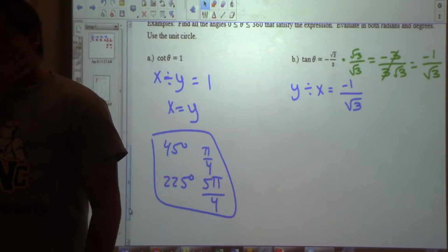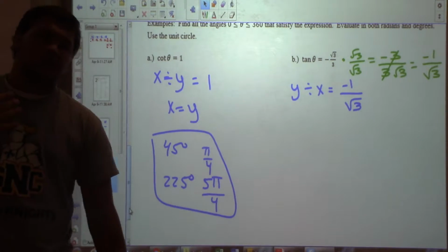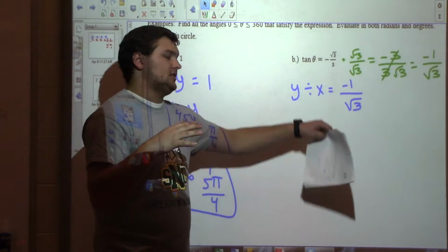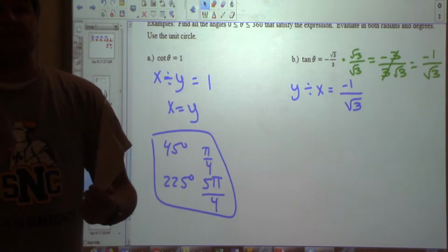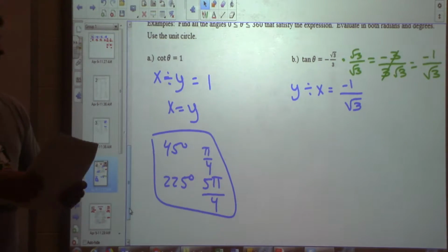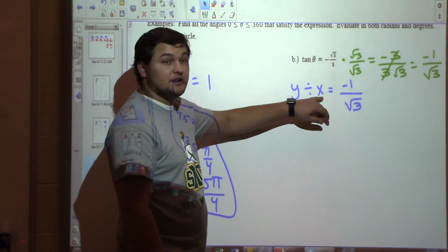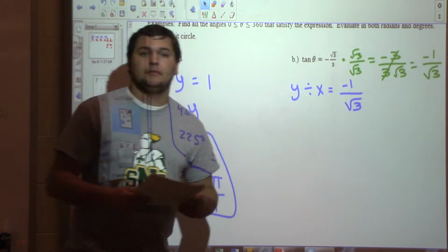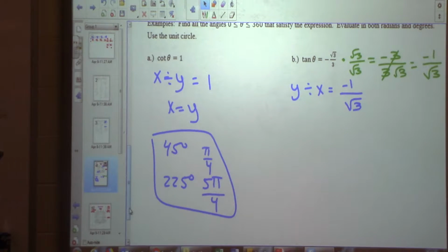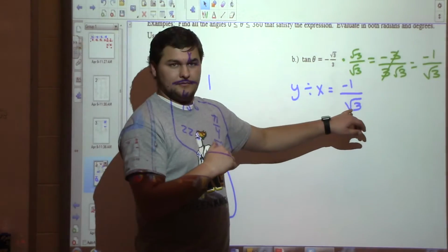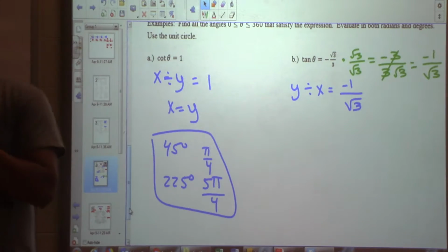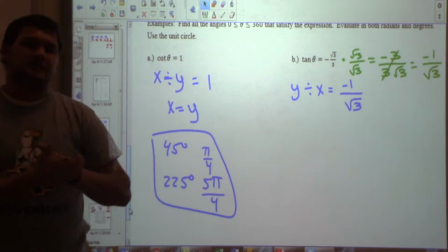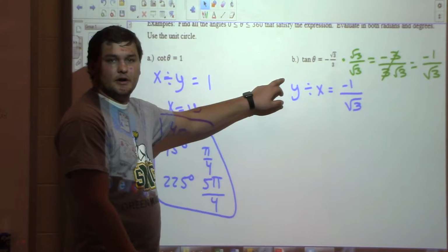Whenever we do y divided by x, what do we always end up doing? We always end up multiplying by the reciprocal, right? That means we always take x, or the second term, and we always flip it. Now, we need to figure out, one of these two terms is going to have a square root of 3 in it. Right? We got to figure out which one it's going to be. If it's y, does my square root of 3 ever get to the denominator?